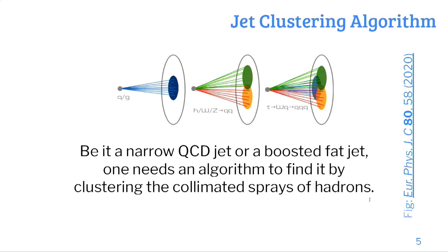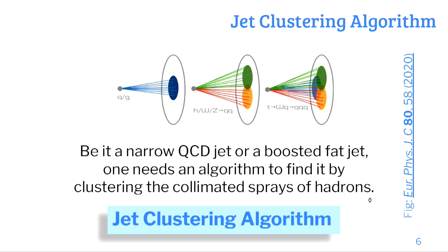But in any case, we have to cluster these highly collimated bunches of hadrons from the detector and get the jets. For that, we use what are called jet clustering algorithms, or sometimes jet algorithms. Be it a narrow jet or a QCD jet, we need an algorithm, and that is called a jet clustering algorithm.